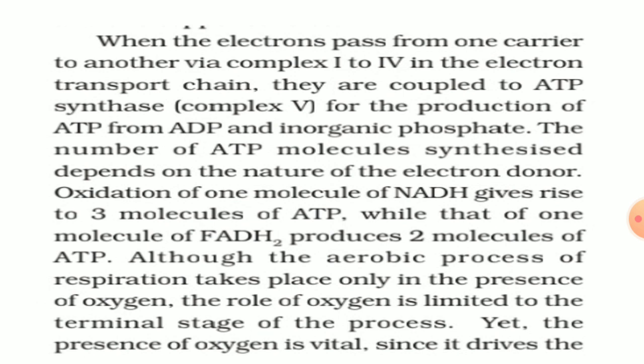This is most important: the number of ATP molecules synthesized depends upon the nature of the electron donor. That means oxidation of one molecule of NADH2 can give 3 ATP, while that of one molecule of FADH2 will produce how many ATP? 2 ATP. Based on that only we are calculating the total number of ATP produced during the Krebs cycle and glycolysis.